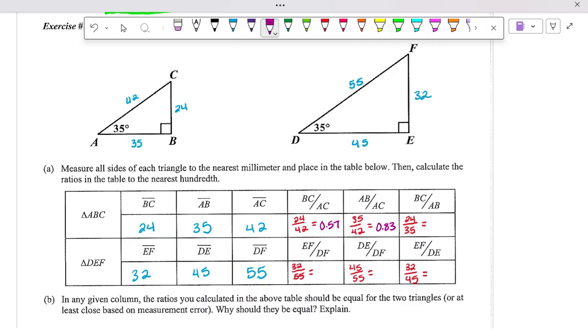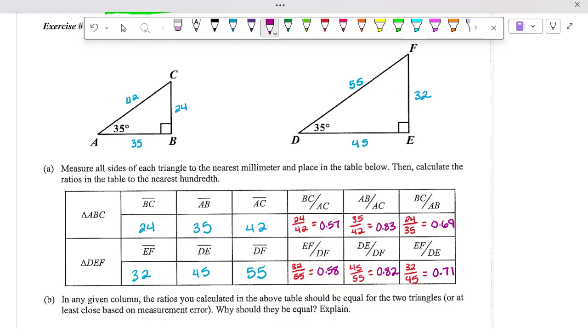All right, 24 over 35. 0.69. 32 over 55. 0.58. 45 over 55. 0.82. We should round up. And then 32 out of 45. 0.71.